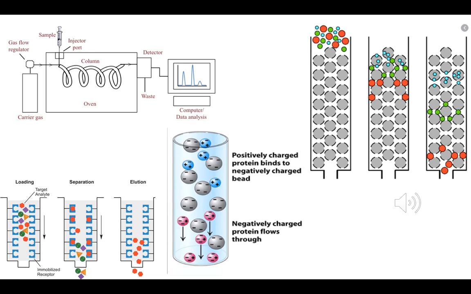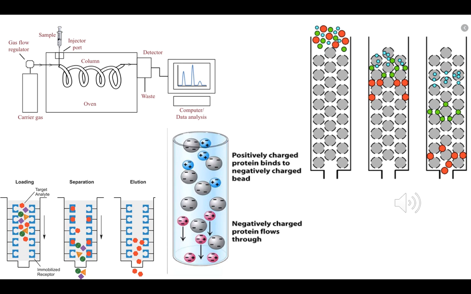Chiral chromatography is really simple. It's kind of like affinity chromatography, where you separate based on your affinity towards one enantiomer. I'll have a mixture of R and S enantiomers, and I'll have a bead that binds to a particular type of enantiomer.